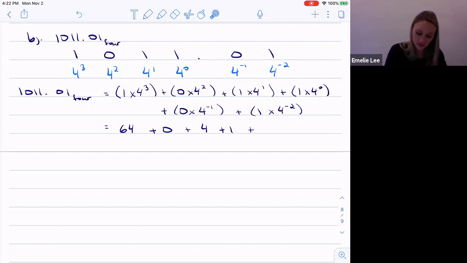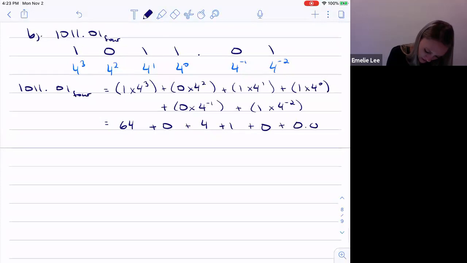0 plus 0 plus 1 times 4 to the negative 2 is 1 over 4 to the power of 2, 1 over 16. So 1/16 is 0.0625.